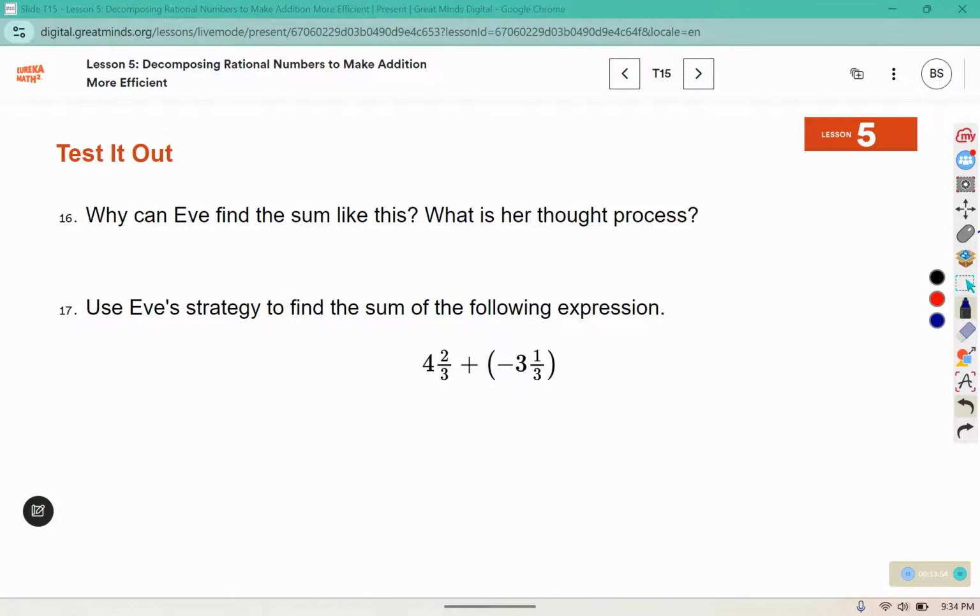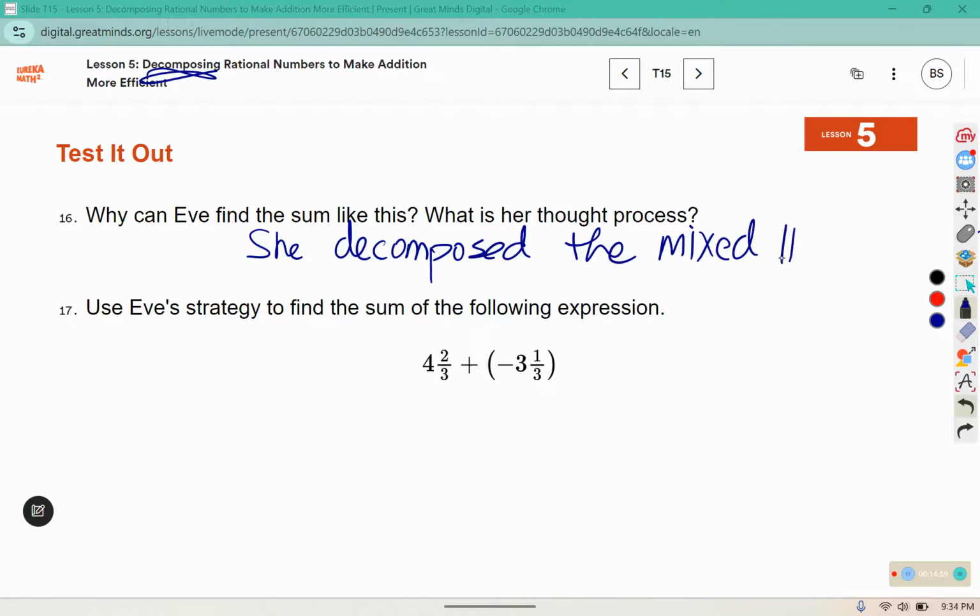What is her thought process? She just decomposed the mixed numbers into whole numbers and fractions.